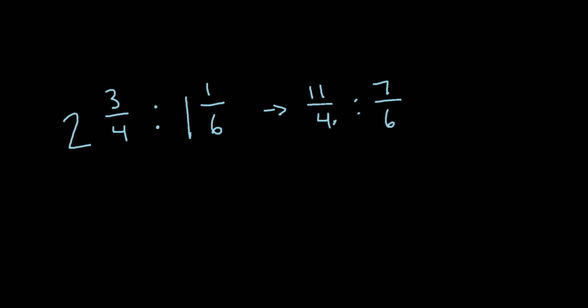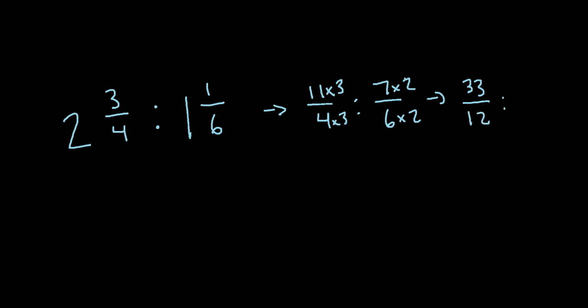So 4 times 3 would get us to 12. So if we multiply the denominator by 3, we also multiply the numerator by 3. And then over here to get to 12, we need to do 6 times 2. And then we can multiply the numerator by 2 as well. So we get 11 times 3, that's 33, over 4 times 3 is 12.